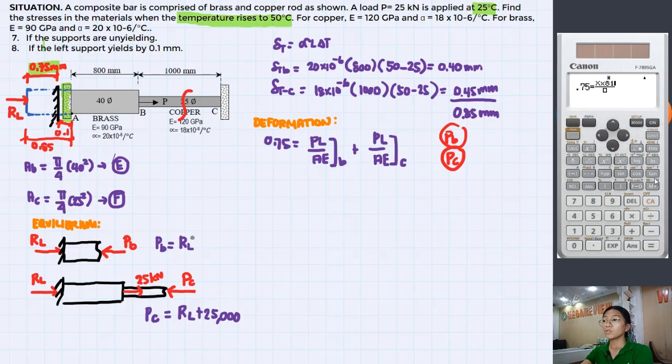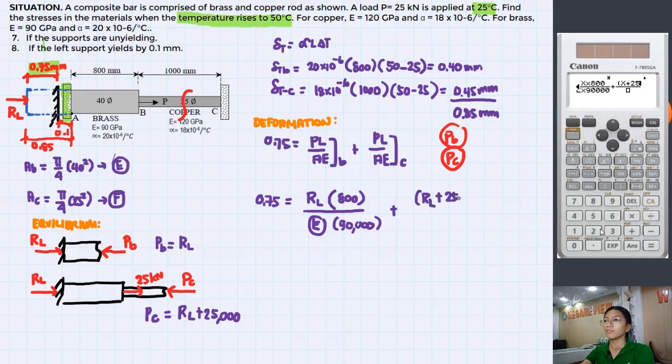So, you can substitute this equation into our deformation equation. PB is the reaction at the left. Length is 800. Area of the brass rod is stored in E. Elasticity is 90,000. Force of the copper rod is the reaction at the left support plus 25,000. Length is 1,000 millimeters.